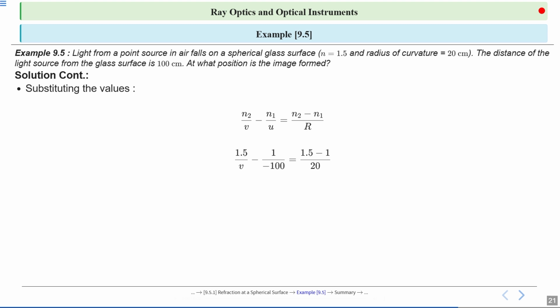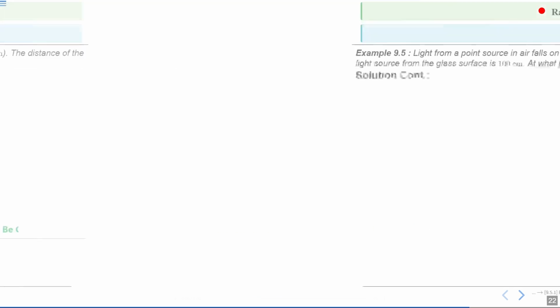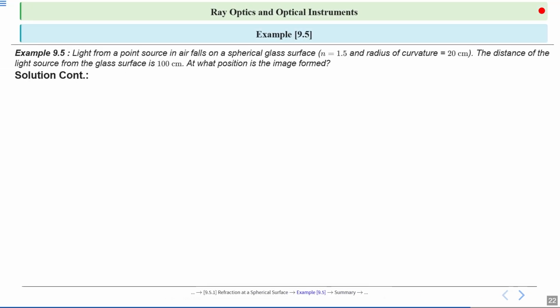Now solve it for v. So 1.5 upon v minus (minus 1 by 100) equals 1.5 minus 1, which is 0.5, upon 20. So 1.5 upon v plus 1 by 100 equals 0.5 upon 20.